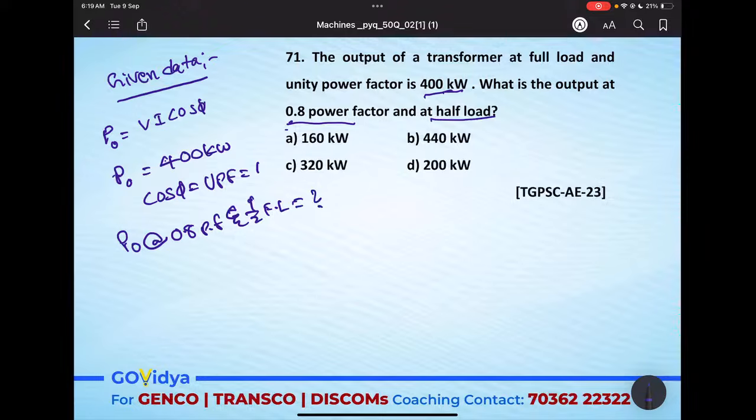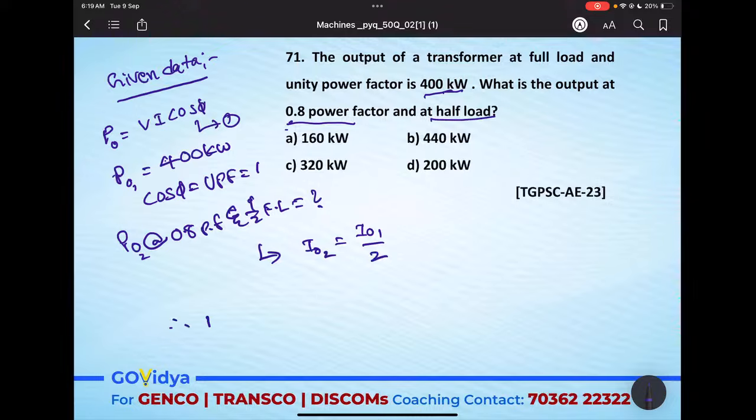We need to calculate. Half full load means current is going to be, let's take P01 and P02, I02 will be I01 divided by 2, since they are telling half full load. Let's take it as equation 1.